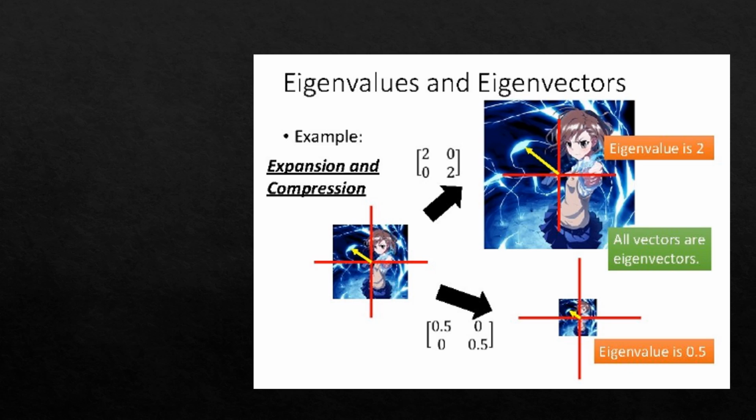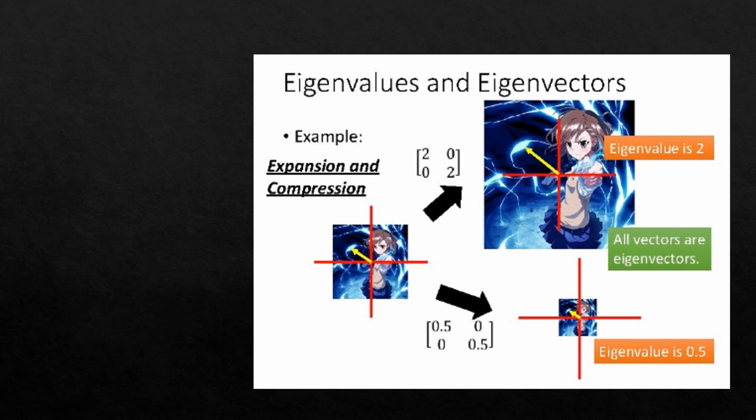We have practical implications of these eigenvalues and eigenvectors. If you have a large eigenvalue, that gives you more variation in the data. So you can expand your image by using a higher eigenvalue scaling, or if you have a smaller eigenvalue, you can shrink your image.